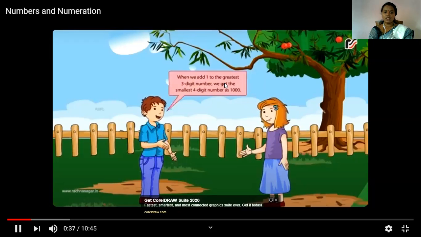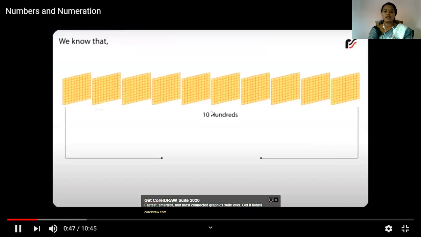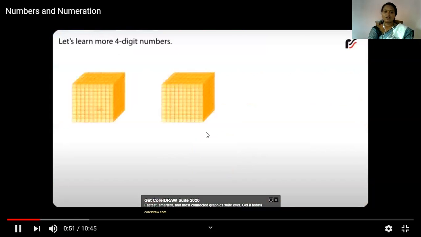When we add 1 to the greatest 3 digit number, we get smallest 4 digit number as 1000. We know that 10 hundreds results to 1000. Let us learn more 4 digit numbers.